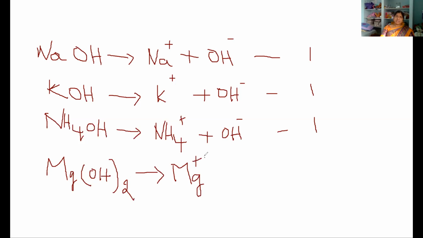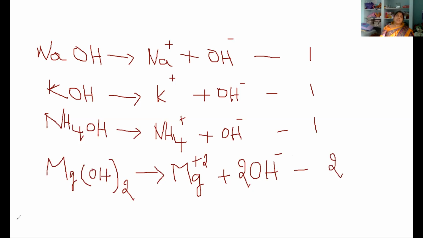If you know all this, then only you can write the splittings easily. Actually there is no need to write the splittings, but if you want to know the acidity, you have to write this splitting, otherwise you have to memorize it. So 2 OH minus ions. So here, how many OH minus ions can be replaced? 2 OH minus ions. So what is the acidity? 2.